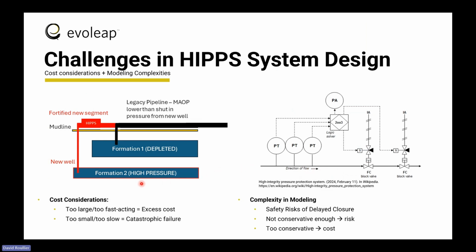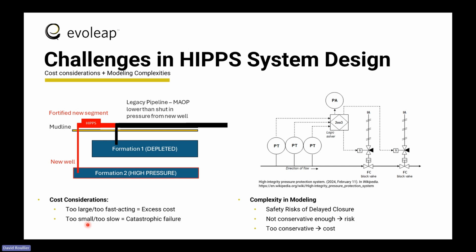Again, just repeating myself a little bit, there are two major things. You have cost considerations. If you have a too onerous design, maybe a too large fortification zone or a too fast acting one, it's going to increase your cost. If you don't fortify enough or it's too slow, you risk catastrophic failure.